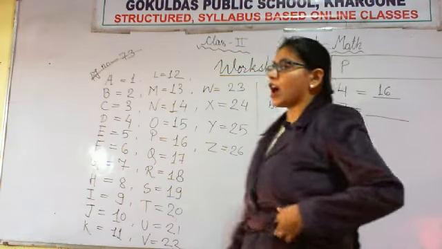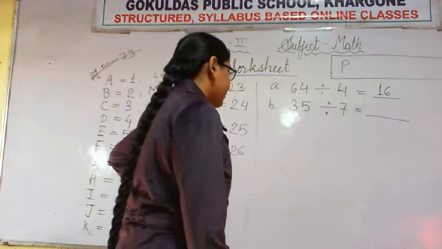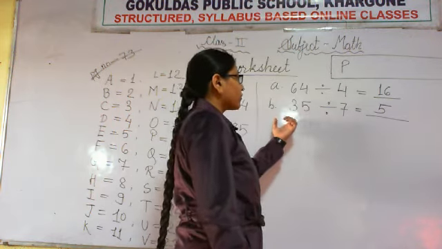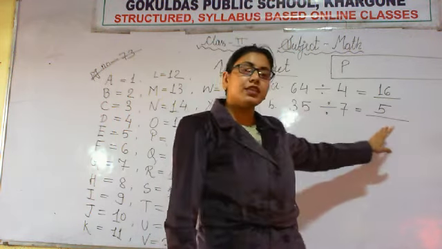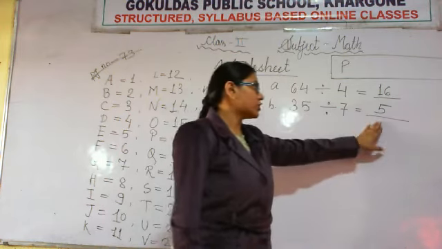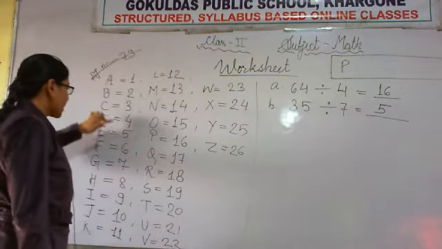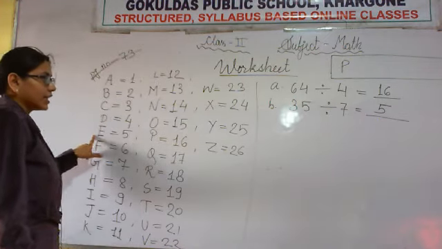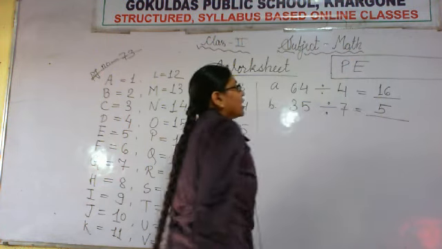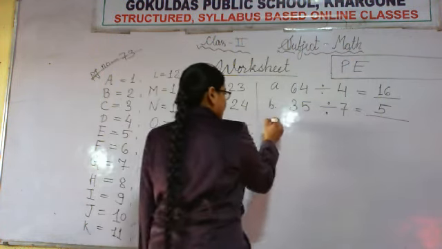Yes, it comes 5 times. 7 fives are 35. So 35 divided by 7 is 5. This is the relation between multiplication and division. So check for number 5. Number 5 means letter E. So the next letter is E.